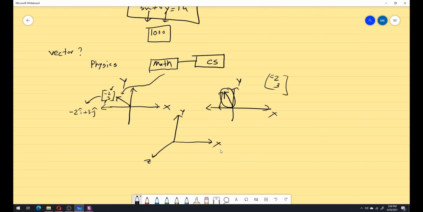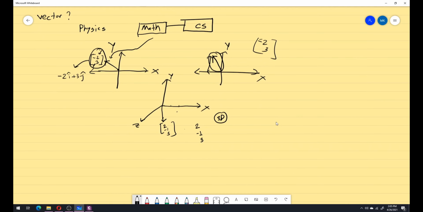For the previous case we had only 2 parts, as it was a 2D coordinate system, so for 3D we would have 3 parts. Let's say one particular vector is 2, negative 1, and 3. So this is our vector 2, negative 1, 3. I think you already know these things. It's just a flashback down memory lane.